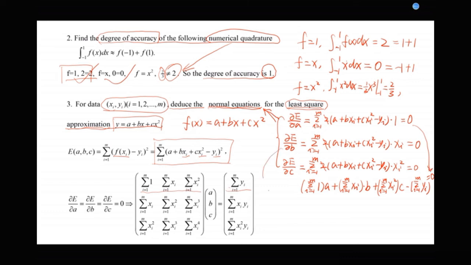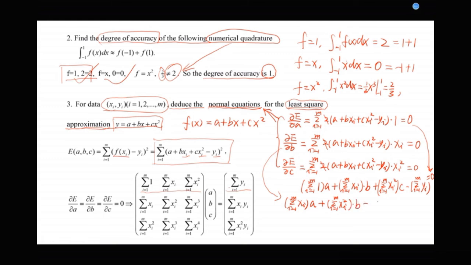Okay, let's consider partial E, partial b. Similarly, but don't forget we need to multiply by xi inside all the terms. The first term for a, multiply by xi, so we need the summation of xi from 1 to m, multiplied by a. For b, the summation of xi squared, because xi multiplied by xi gives xi squared, then take out b.